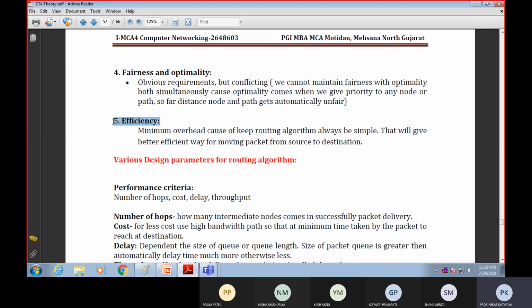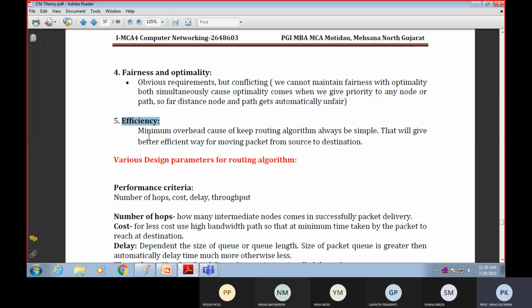And efficiency: routing algorithms should always be efficient. They always deliver the packet to the right destination. They should not fail in the case of convergence, in the case of network obstacles, or in case of changing topologies; they always work properly.